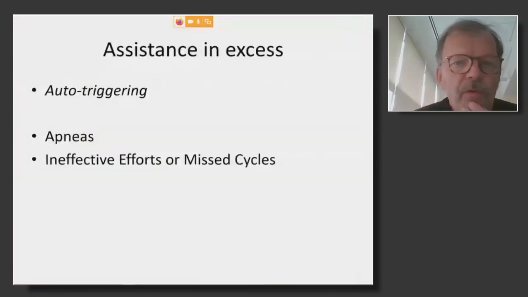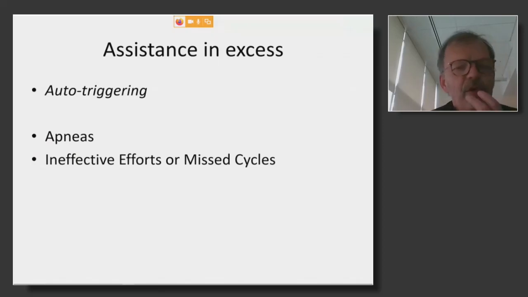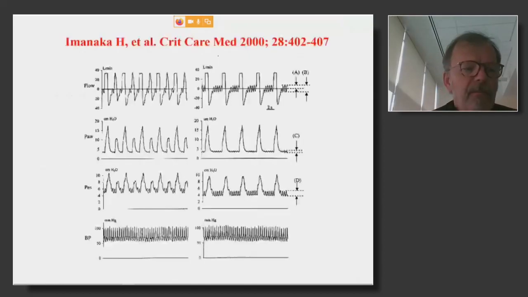So let's go first to the situations where you have assistance in excess. And I will briefly talk about auto-triggering, which is a very specific one, and then we'll go to apnea and ineffective effort. Auto-triggering means that the patient is receiving too much ventilation because the cycles are not triggered by the patient, but by something creating oscillation in the circuit.